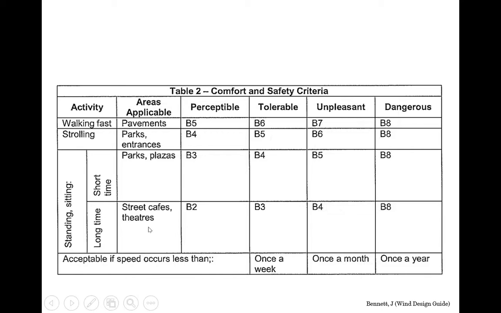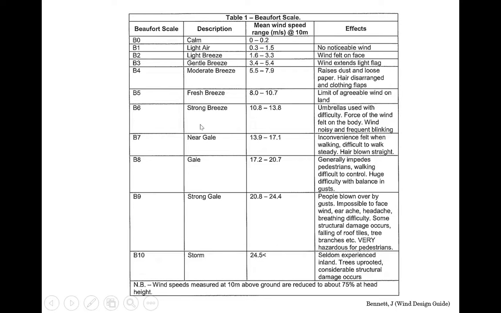Now, for a different activity, if we look at here, street cafes, for example, then a tolerable wind level would only be considered B3. And if we go back to our scale, B3, 3.4 to 5.4 metres per second.